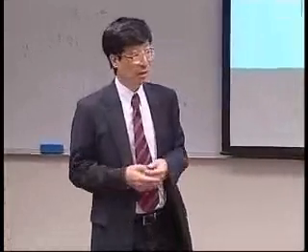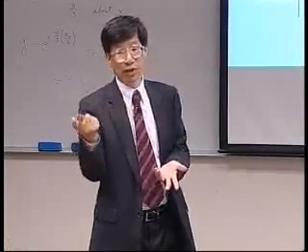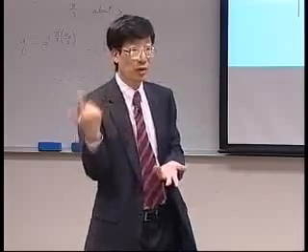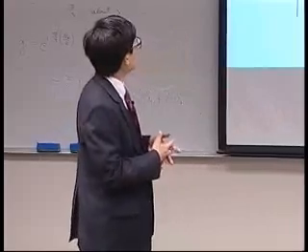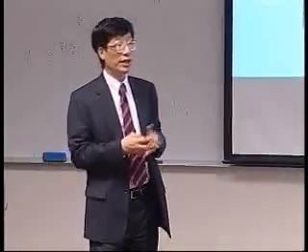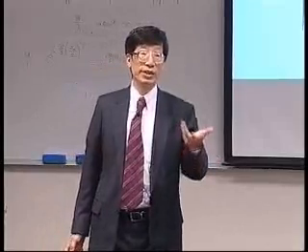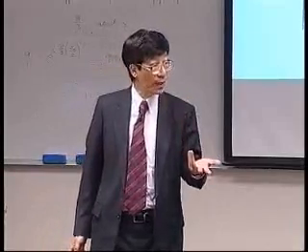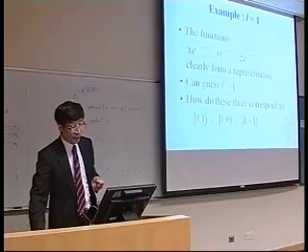Now, this certainly forms a representation, because under any rotation x, y, z just become linear combinations of x, y, z. The exponential factor is unchanged. Since there are 3 of them, and in general the multiplicity is 2L plus 1, this should be the L equals 1 representation. The question I want to ask is the following.